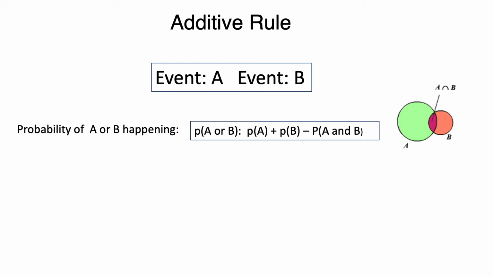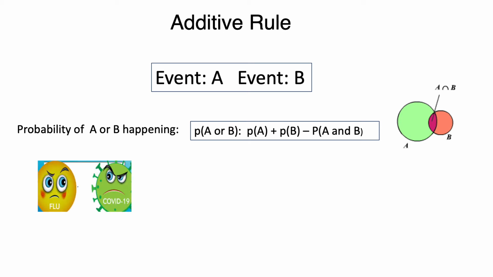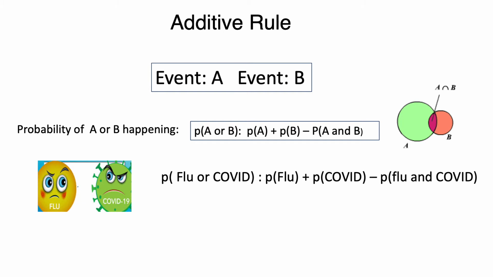Because we want the probability A alone or B alone, and we don't want the probability of them happening at the same time. So we need to exclude that chance. Example, the probability of having flu alone or COVID alone in the same season will be 35% if we know that probability of flu and COVID at the same time is 0.15.